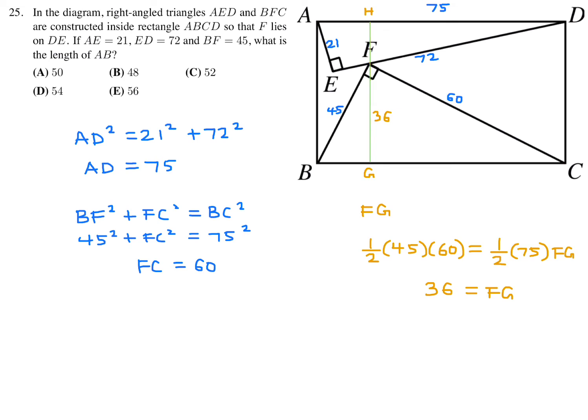Okay, now let's concentrate on FH. So how do we do FH here? I'm going to have to label a few things here, but fortunately they're not that complicated. This is a right angle right there.